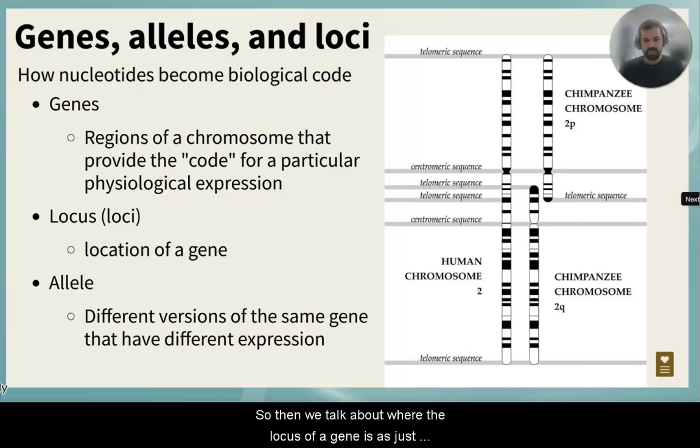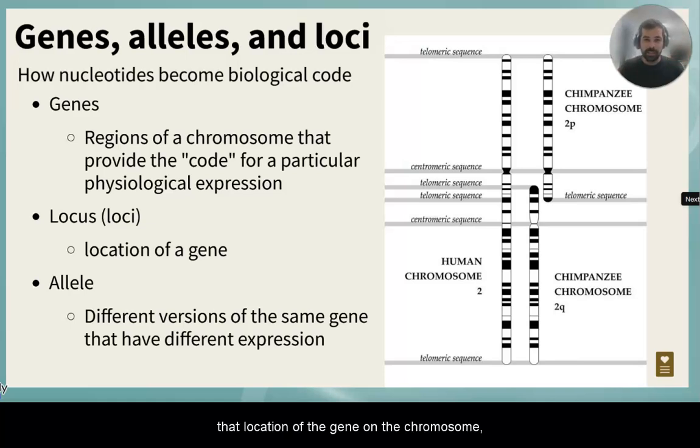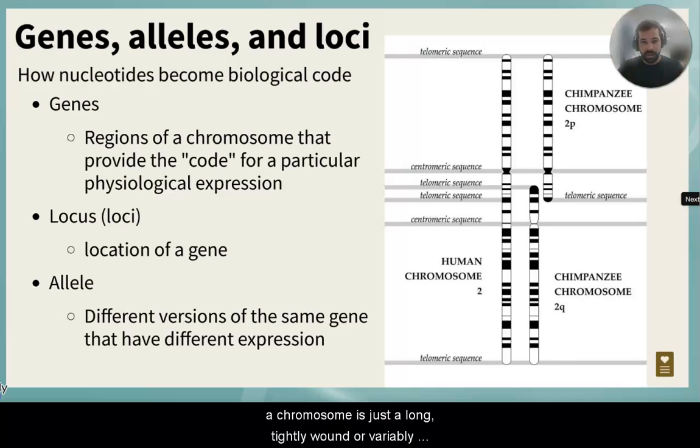So then we talk about where the locus of a gene is as just that location of the gene on the chromosome, its position on the chromosome, which remember, a chromosome is just a long, tightly wound or variably wound up DNA molecule. So our locus is that position along that strand.